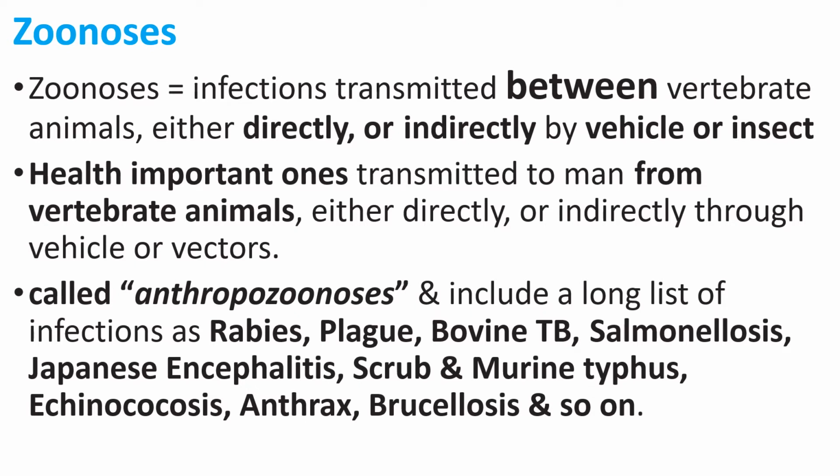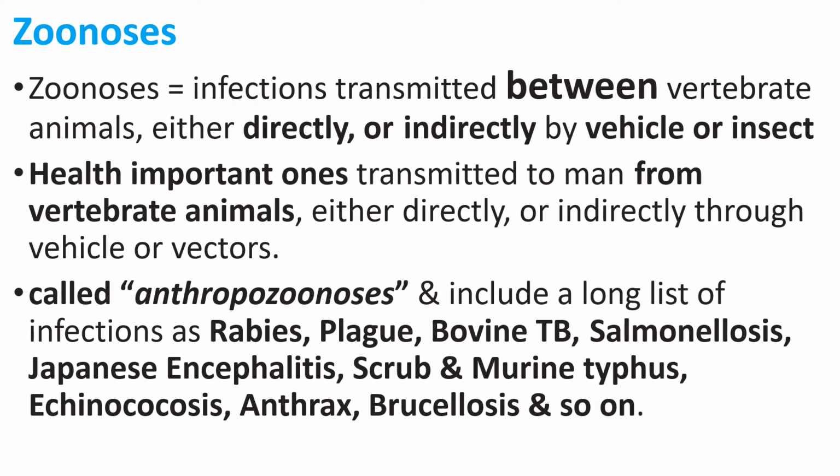Zoonosis, a disease transmitted from vertebrate animals to humans, directly, indirectly, or through vehicle or vector. Important ones are transmitted to man from vertebrate animals, either directly, indirectly, or through vehicle or vectors, called anthropozoonosis.